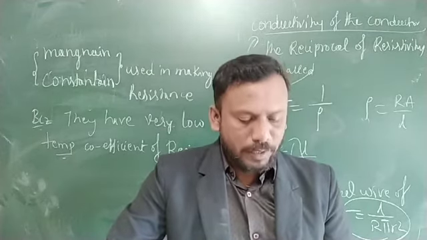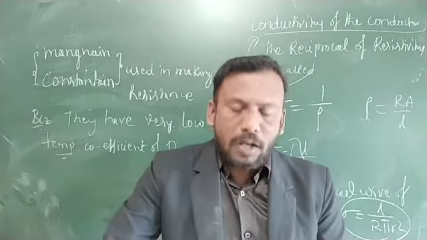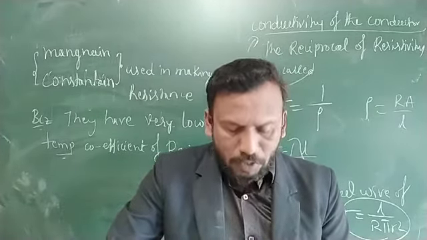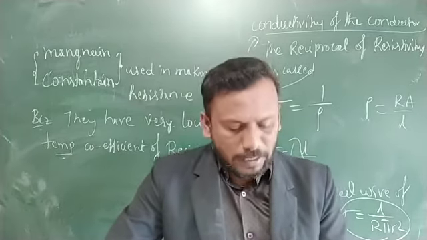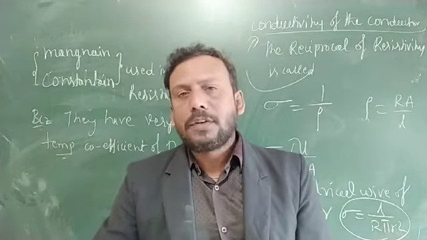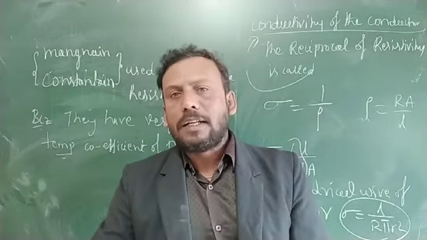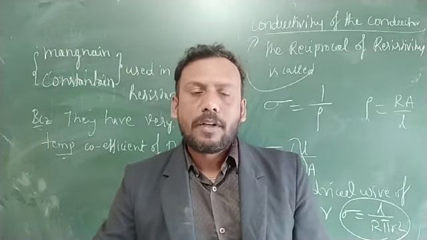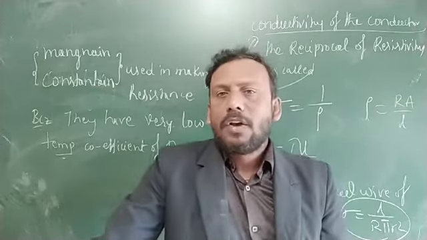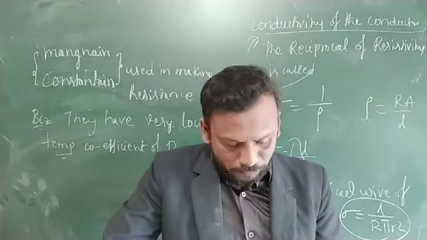Define 1 ohm. On what factors does the resistance of the conductor depend? How does the resistance of the conductor vary with length and area of cross section of the conductor?